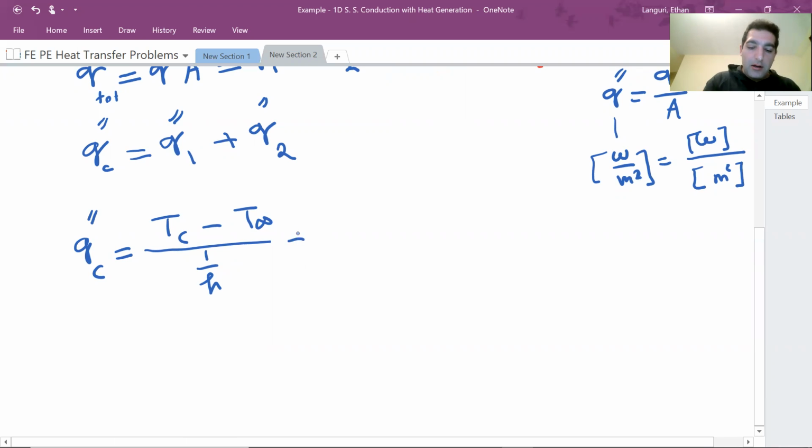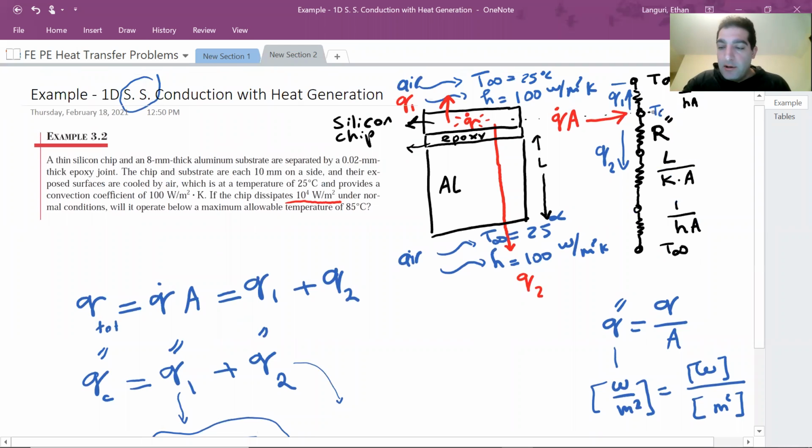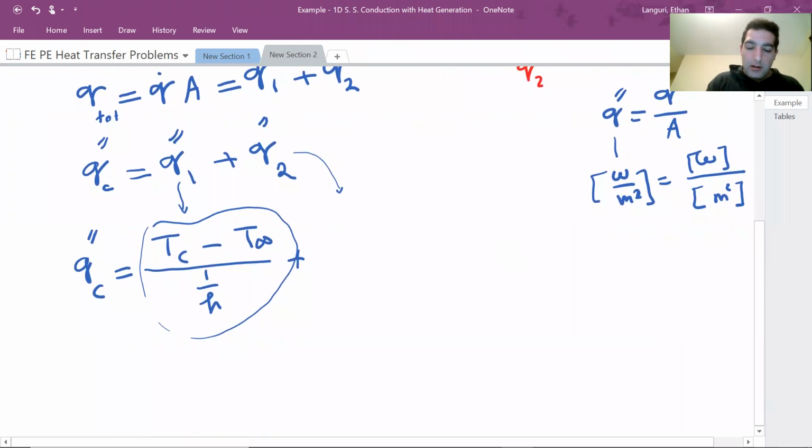And how about Q2? That was just the Q1 term. Now I'm going to write the heat flux going through the bottom direction with Q double prime 2. Same thing. You have a delta T, Tc minus T infinity, and the resistance between them, which is R double prime, L over K, and you have one convection resistance of 1 over HA as well. Again, remember, we're dropping those areas. So here I have delta T, Tc minus T infinity.